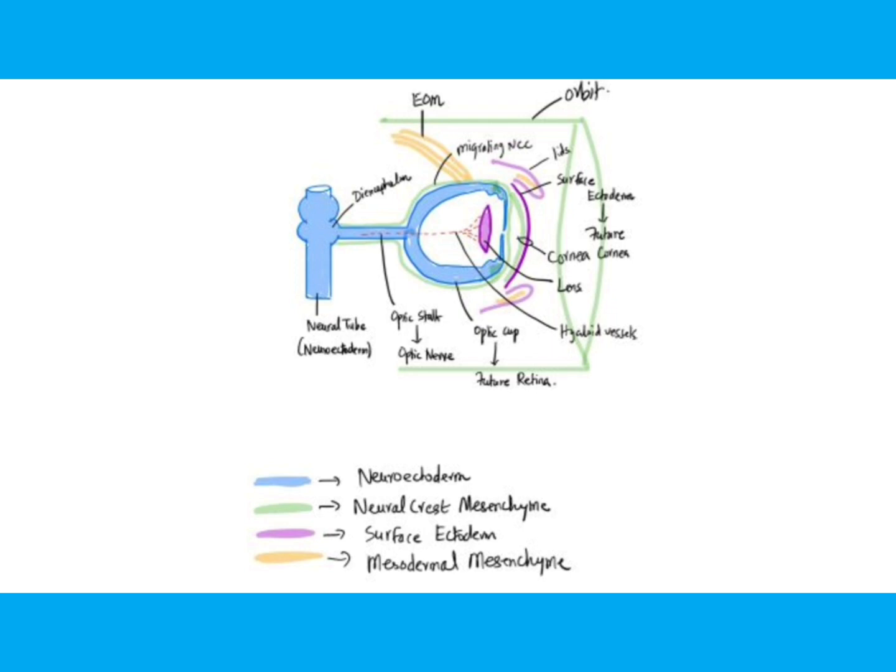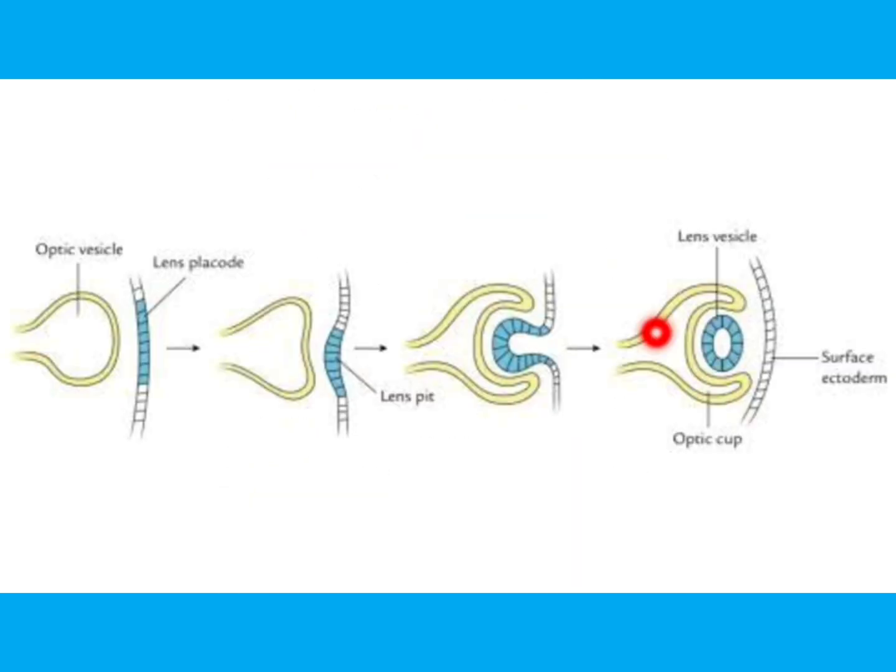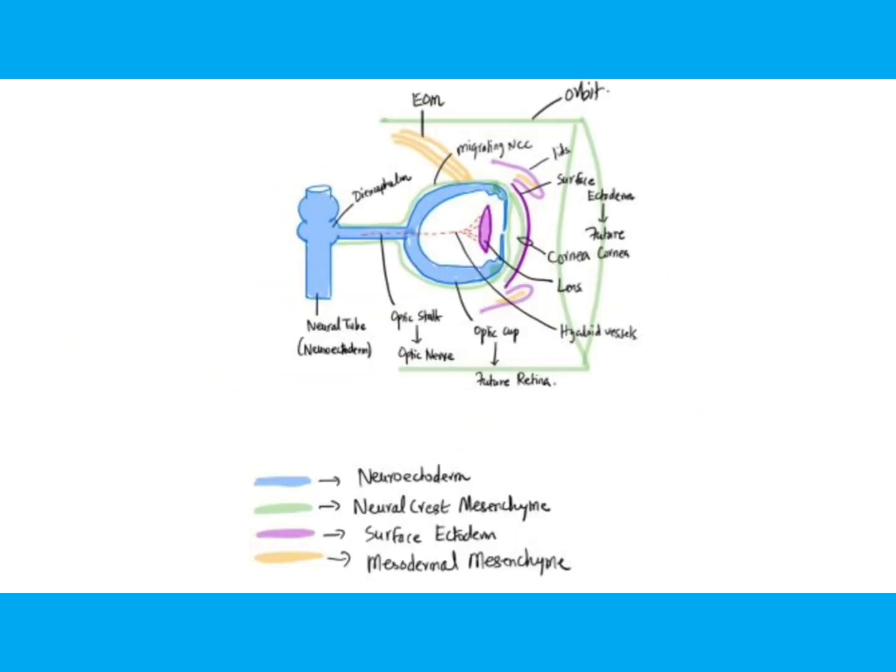So mainly this neuroectoderm will form the ciliary body epithelium and iris epithelium as well as optic nerve, and also I told you that the outer layer will form the retinal pigment epithelium and the inner will form the neurosensory retina, right? So this picture describes this very nicely.